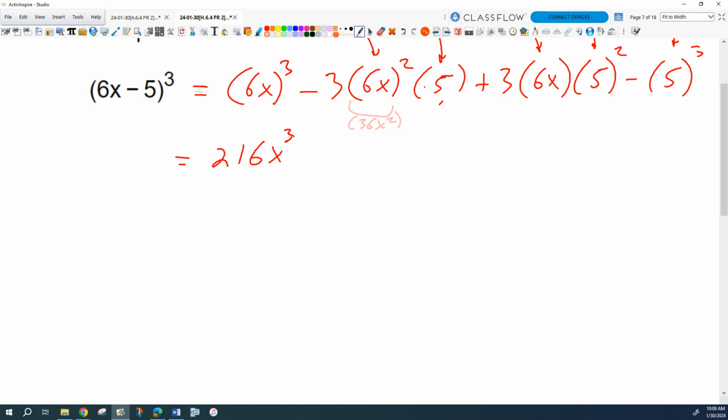It didn't matter what we did first. 3 times 36 is what? 108, times 5 is pretty easy, right? 540x squared. Here, this turns into a 25, right? 25 times 6 is easy. What's that? 150. 150 times 3? 450x. And then 5 cubed? 125. Okay, makes sense? Good, good.